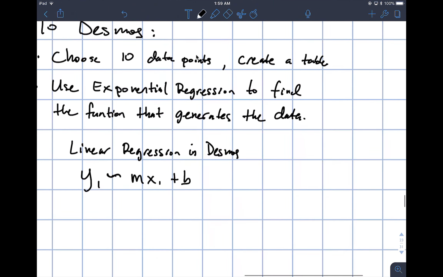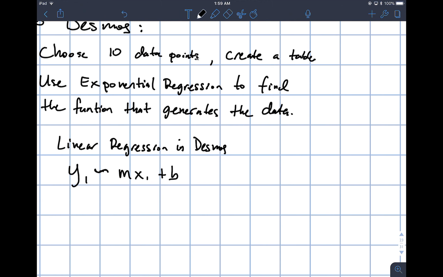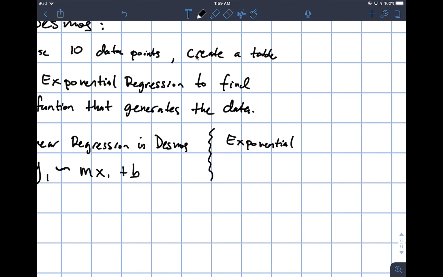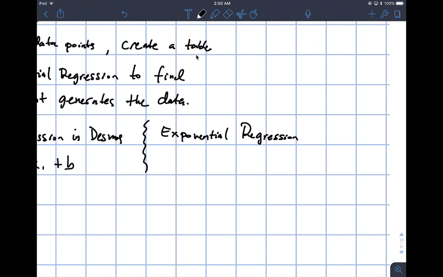But this time we're doing exponential. So for exponential regression, this is what we type in Desmos, okay?